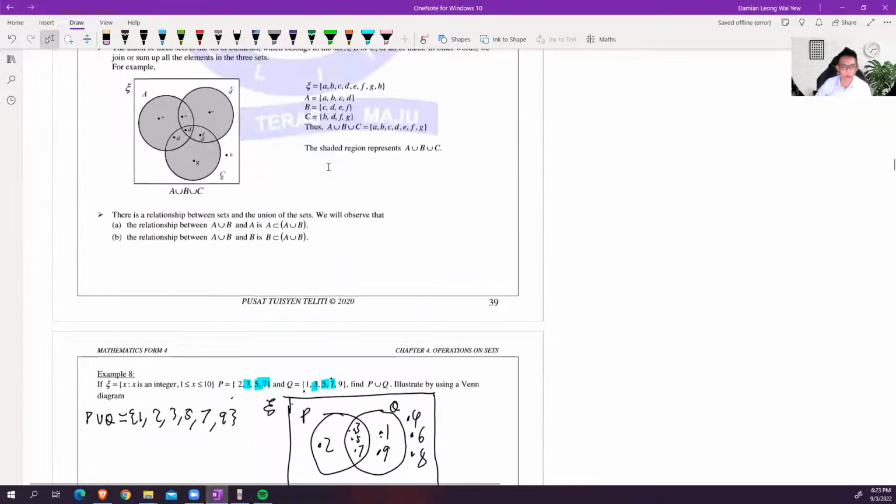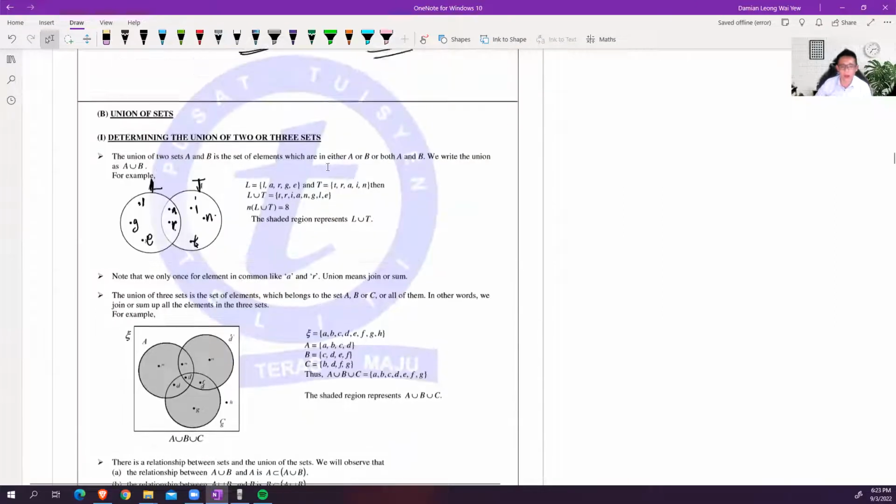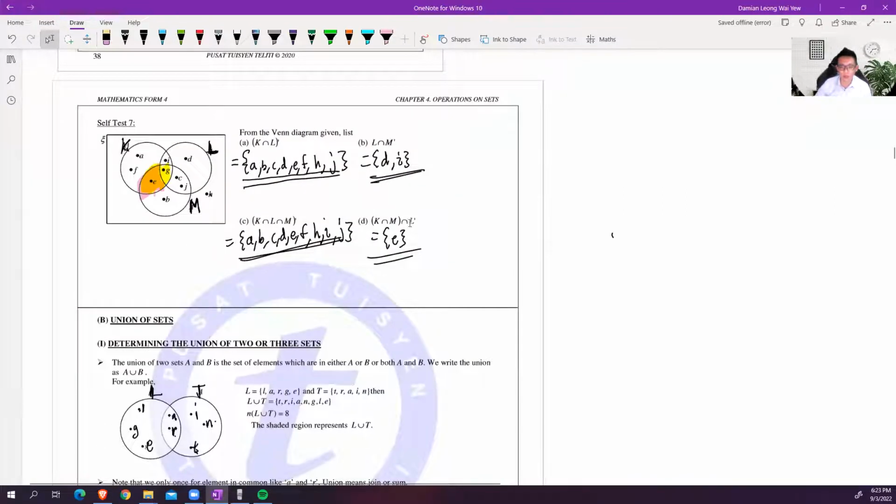Yeah, you should know your union and intersects. If you want to find the shaded region, consider part by part, like K intersect M. We highlight the whole K intersect M first. For example, like this. Whole K intersect M is here. Then consider out of this, intersect L complement.